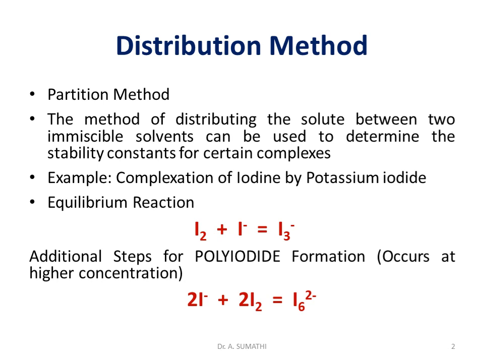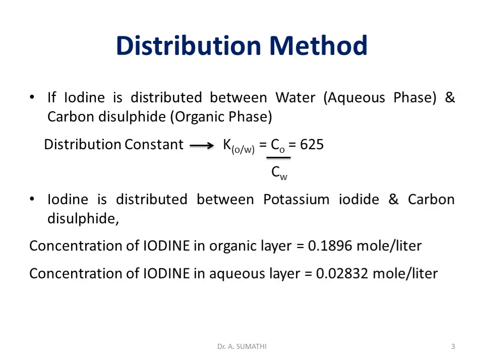Generally this polyiodide formation occurs at a higher concentration of solute. So now we are going to consider only the equilibrium reaction. Here iodine is distributed between the aqueous phase and the organic phase. The aqueous phase is water and the organic phase is carbon disulfide.